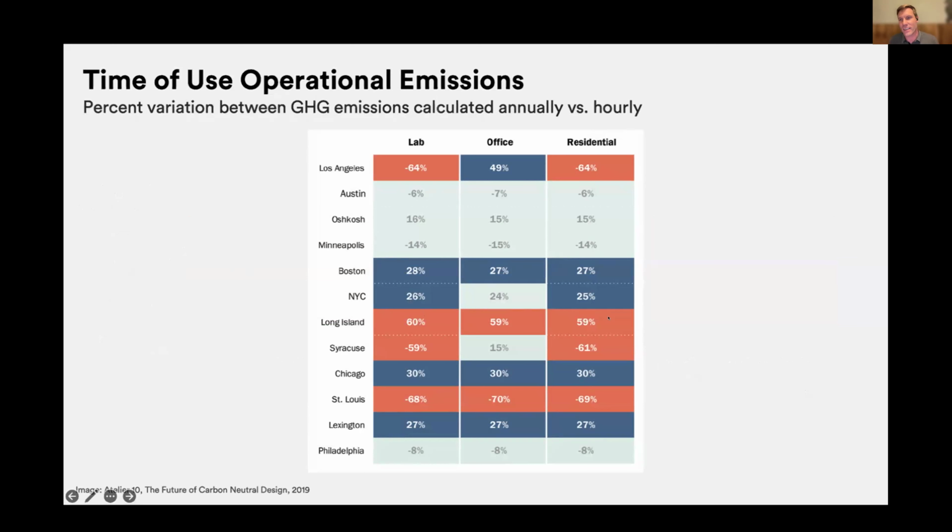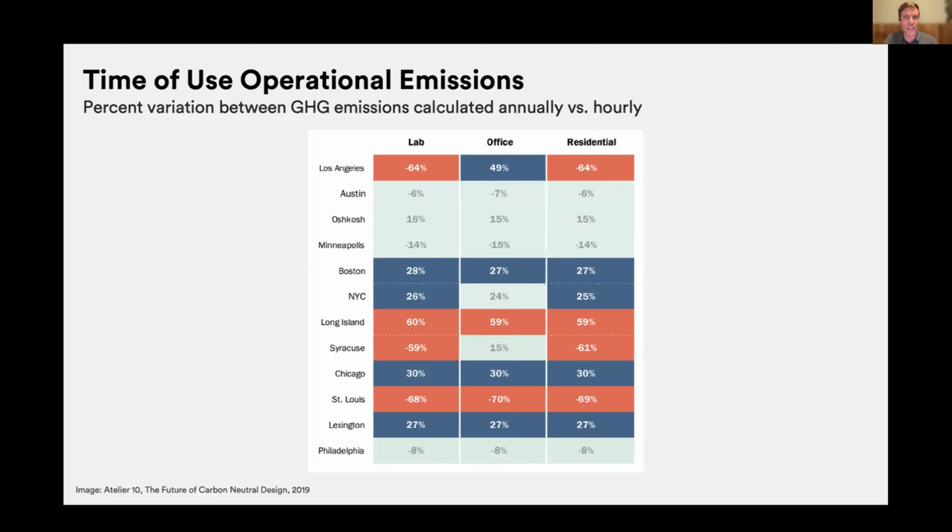Atelier 10, in their analysis across 3 use types and about a dozen cities, saw swings of plus or minus 50% difference between the annualized and the time-of-use math for just operational emissions. That tells us that the simplified approach, which things like the 2030 Challenge and 2030 Commitment are built around, the annualized EUI, maybe doesn't have the level of resolution necessary to understand real patterns. And I think this has been a clear evolution we've seen over the last few years.